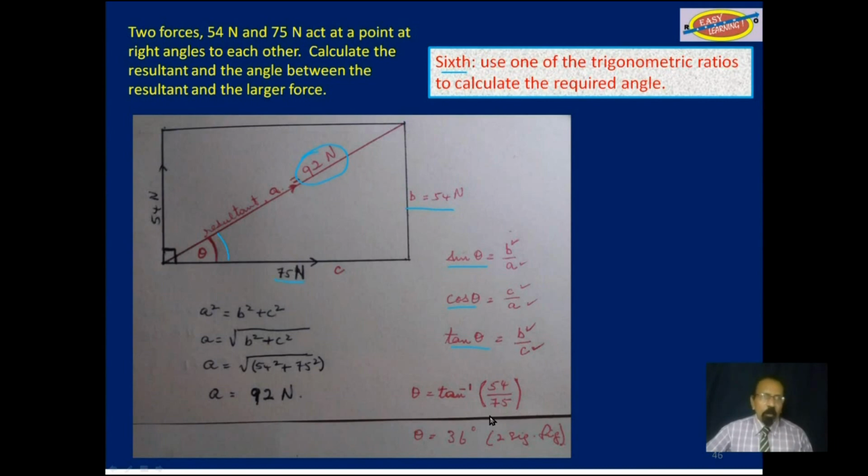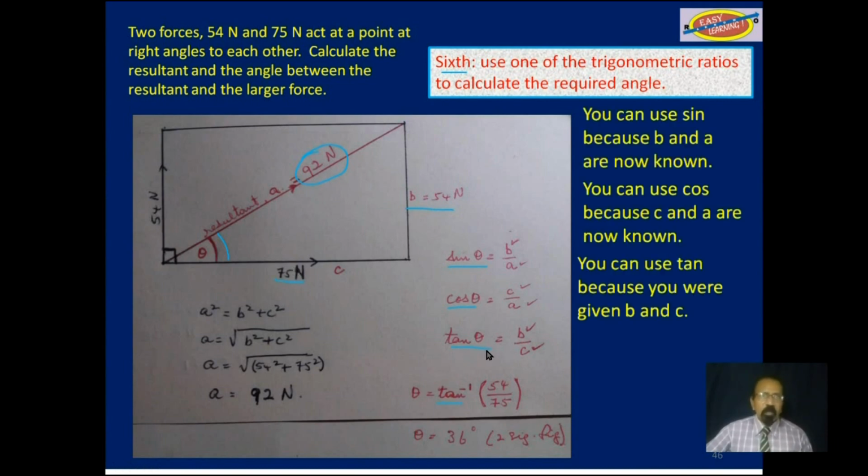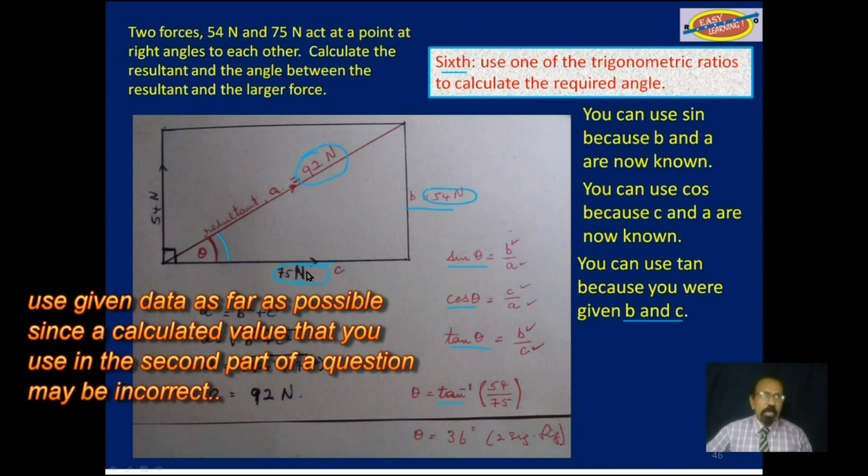Now, I prefer to use the tan ratio, and the reason for that is simply that you are using original data. We are given B and we are given C. Now, if we use A, there's nothing wrong with using A, except if you had an error in creating A, then you would have a carrying over error in calculating this angle.